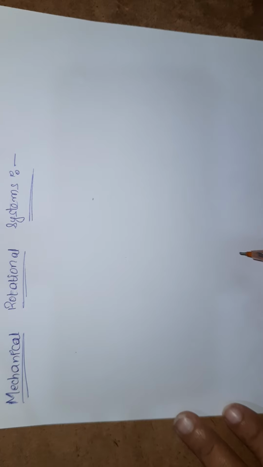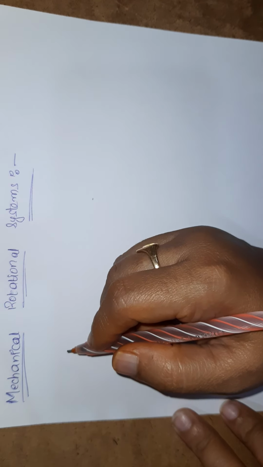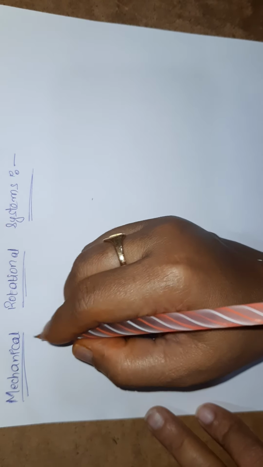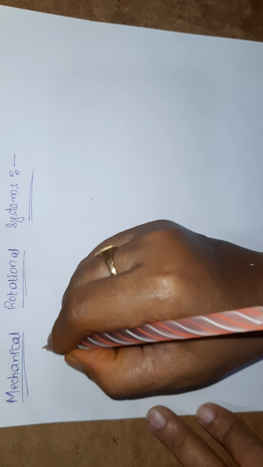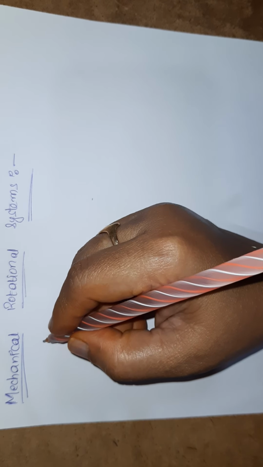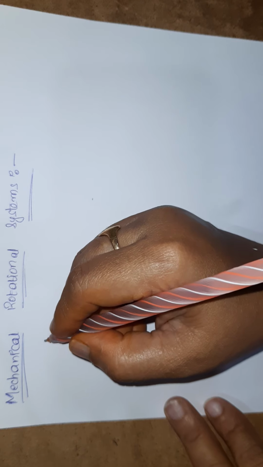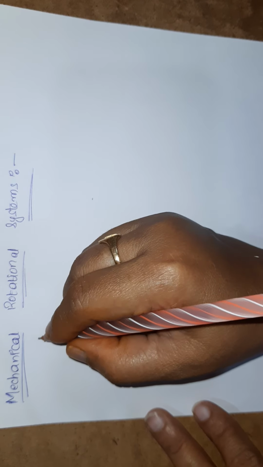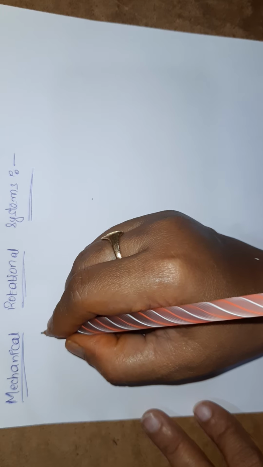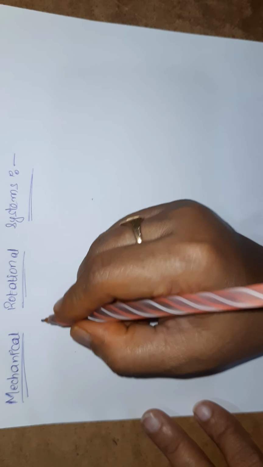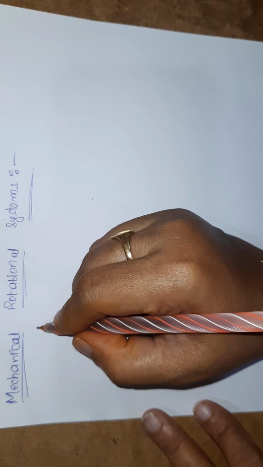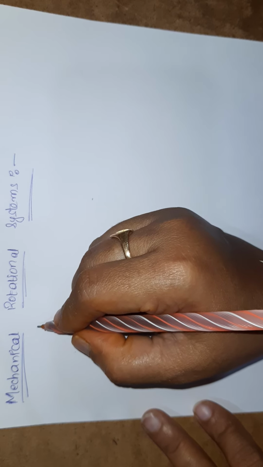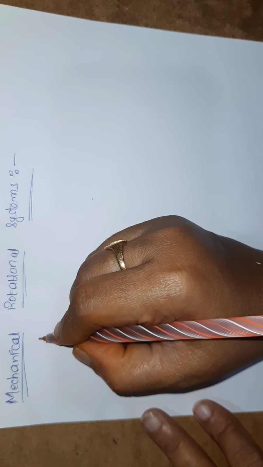As we know, in mechanical translational systems, the main three elements are mass, dashpot and a spring. Like that we have three main elements in mechanical rotational systems also.